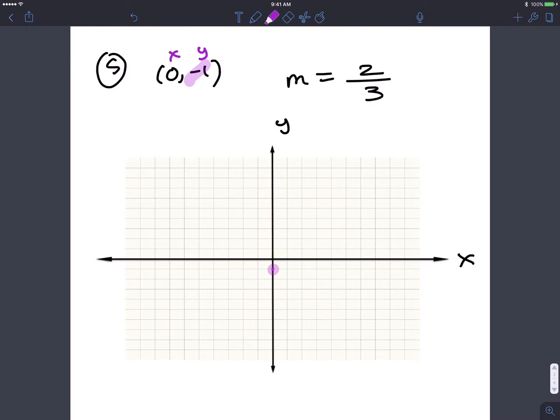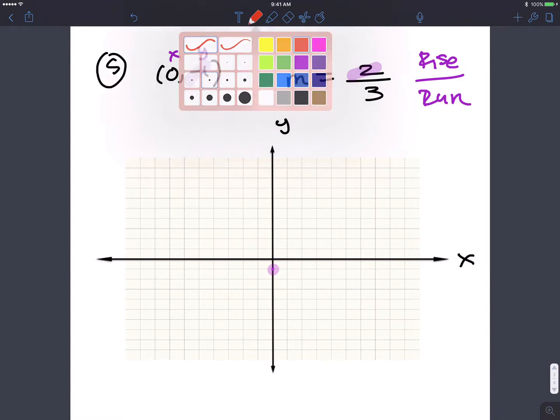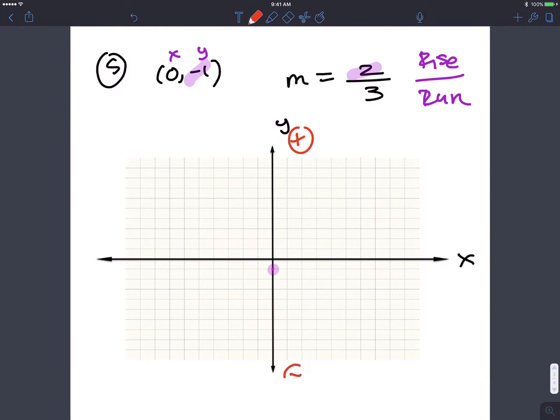We're now going to use our slope. We need a rise over a run. Our rise is +2. Positive direction is up, negative direction is down, positive is to the right, negative is to the left. So if we rise 2 units from the first point that we plotted, 1, 2, it's up 2 since it's positive, we run now to the right 3 units, 1, 2, and 3.